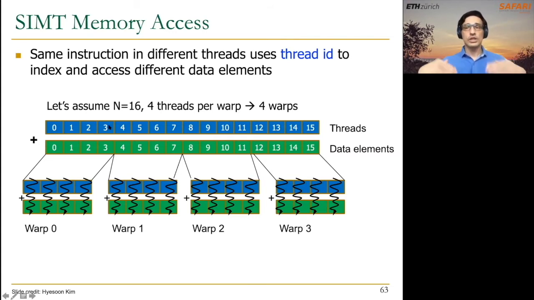And then when these threads go to execute onto the hardware, they will be grouped into 4 warps of 4 threads each, and then they are executed. The thing is, at some point, I may want these 4 threads to run more or less together and more or less at the same time for the specific needs of my program. And this is always 4 in this example, or 32 in real world GPUs.